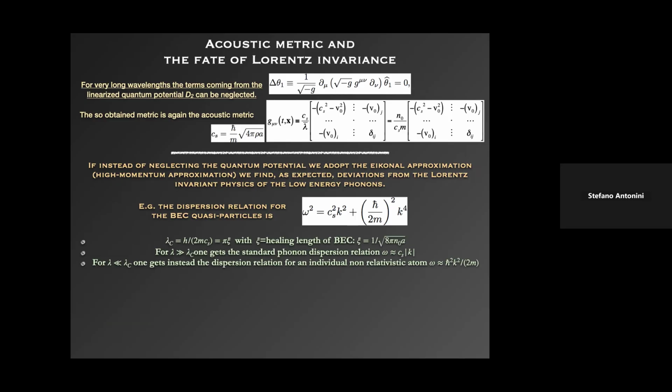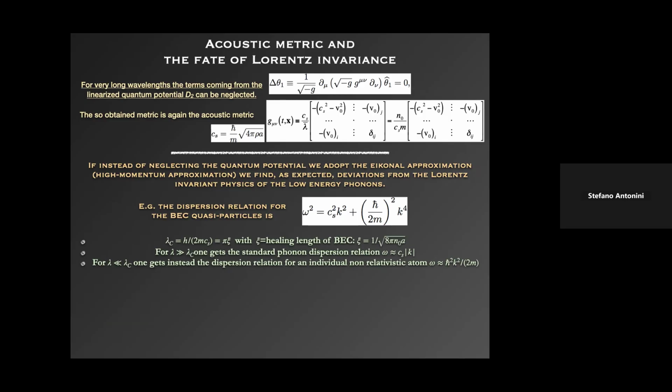But what is it telling you? It's telling you that if you have wavelengths which are much smaller than this typical wave number, which is related to the so-called healing length, which is basically the scale of coherence of the condensate, the dispersion is modified. If you have a very long wavelength, you are back to a relativistic dispersion relation with the speed of propagation being determined by the speed of sound.